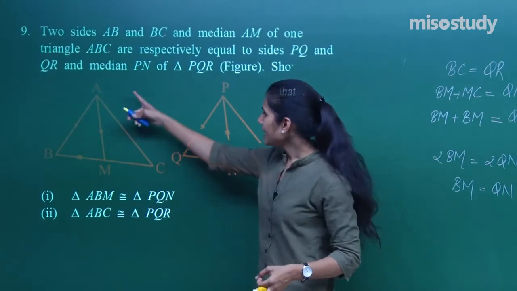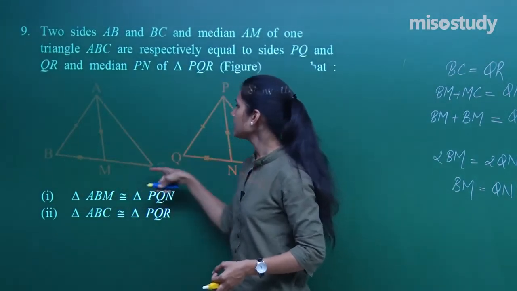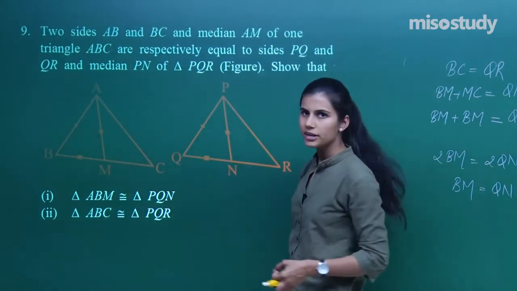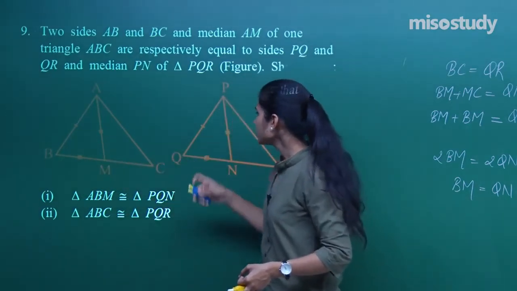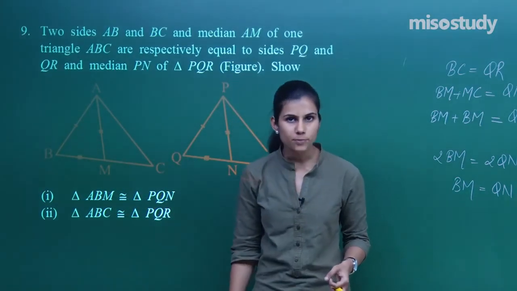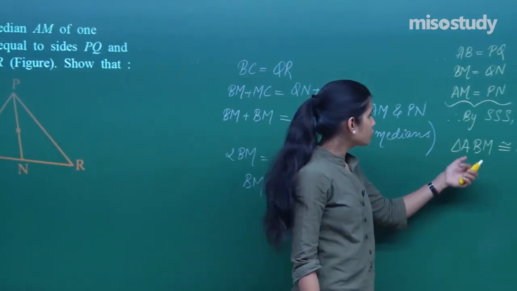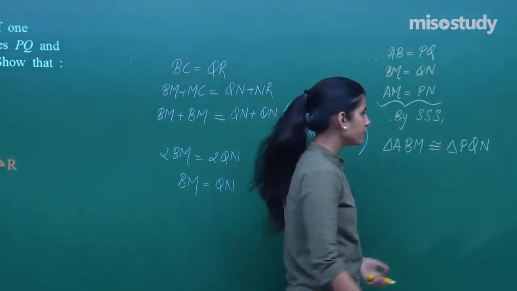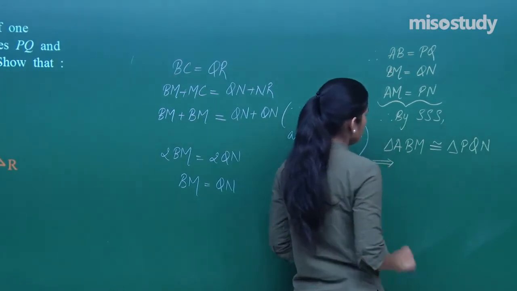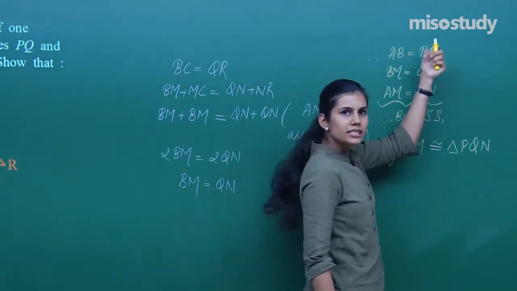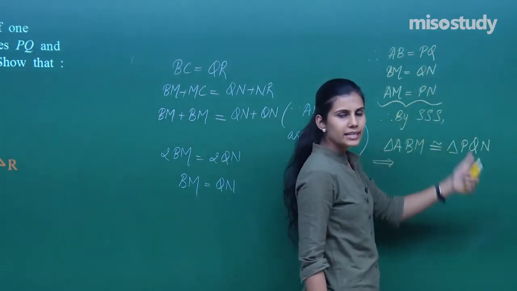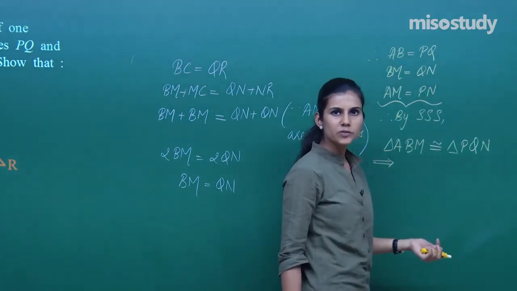Now prove that ABC, this larger triangle, is congruent to triangle PQR. The fact that these two smaller triangles are same implies that their corresponding angles are also going to be same. If these two triangles are congruent, their corresponding parts will be equal. Already I have these equalities between the three corresponding sides. So what matters to me is the correspondence between angles.